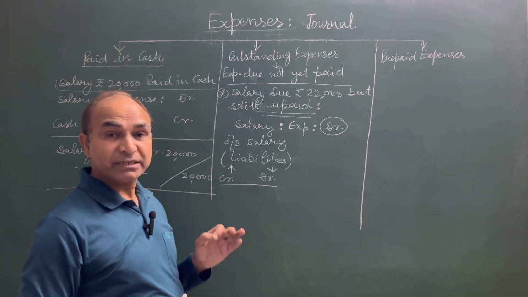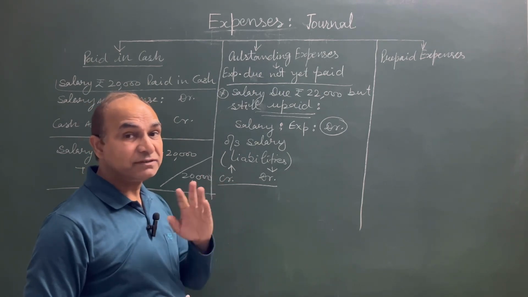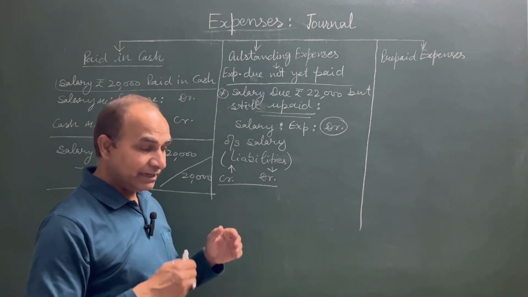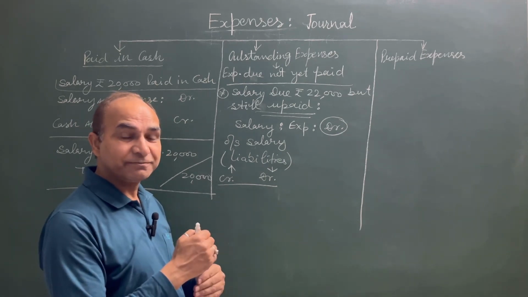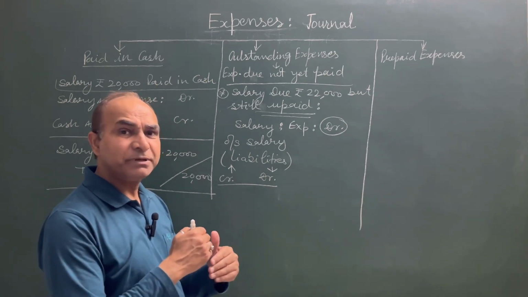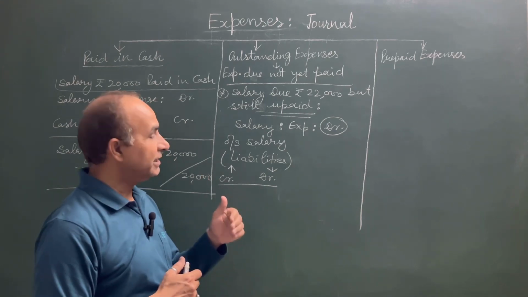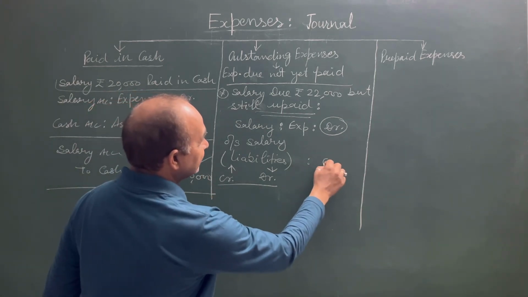In this case, since we have not made payment of the expenses, that is salary, and that is likely to be paid in future, until we make the payment, that remains our liability, and the liabilities are always credited.